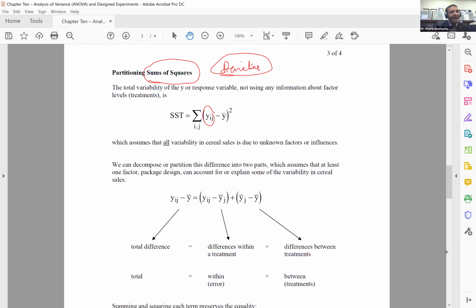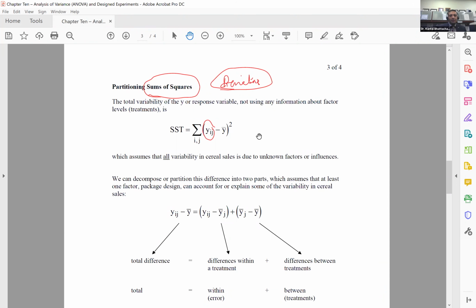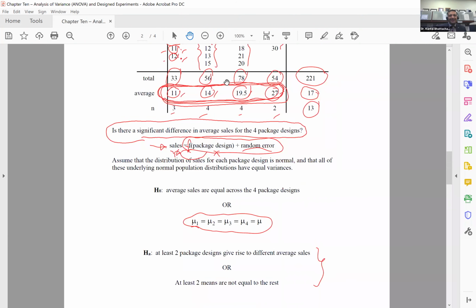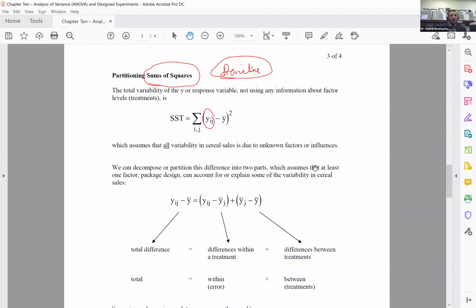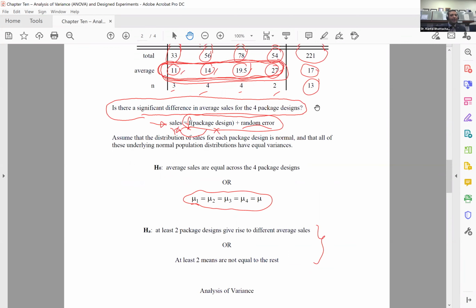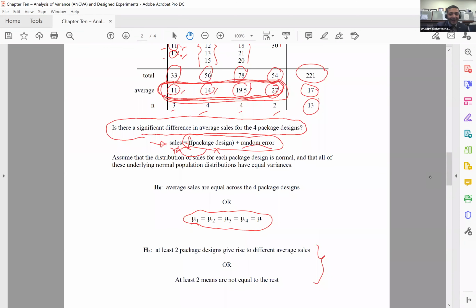So y sub ij is any one of those subsets, any one of these 13 points, let's say. And what you see as y bar here is the cumulative average. In other words, it is this guy, y bar. This is the overall gross average from all of those 13 stores.